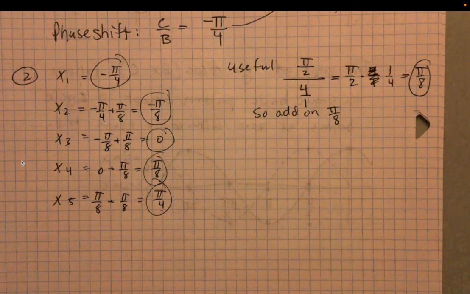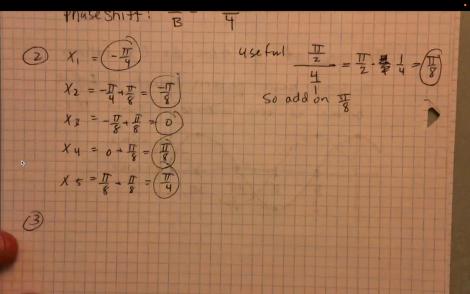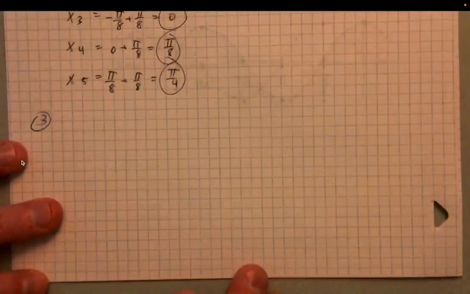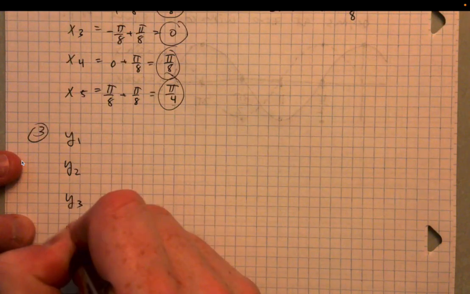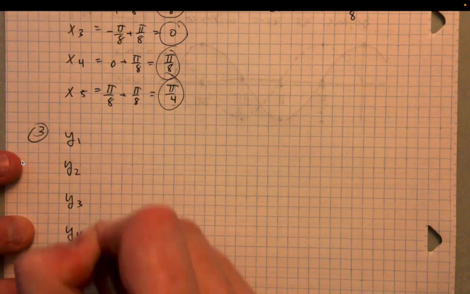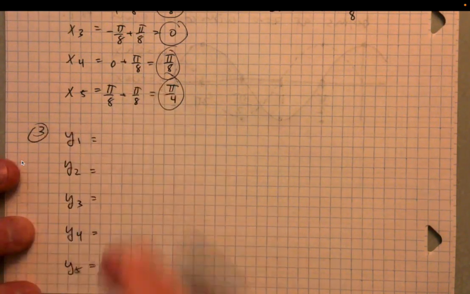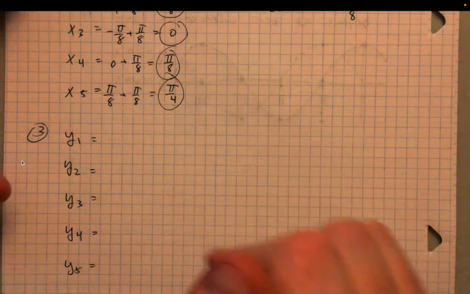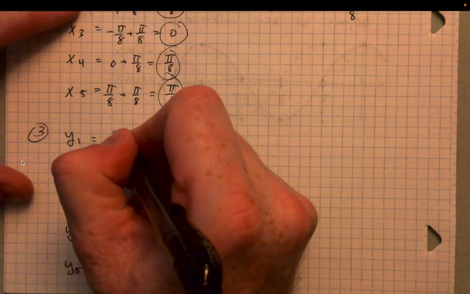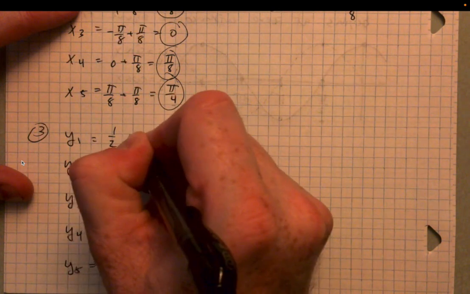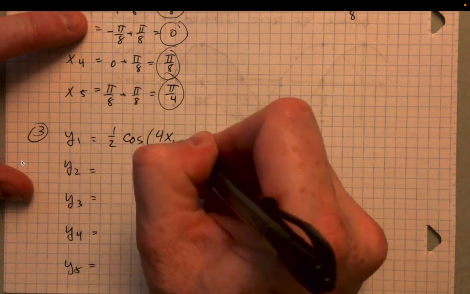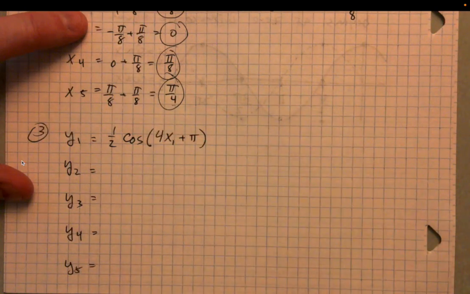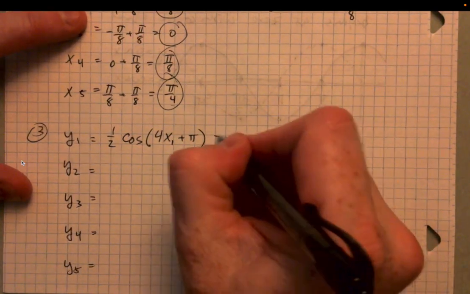Step 3 then is to identify the y values that correspond to these x values. So y1, y2, y3, y4, and y5. I'll just do the first one to show you how to do it, but y1 is going to equal 1/2 cosine of 4 times x1 plus pi. Let's plug all that in.